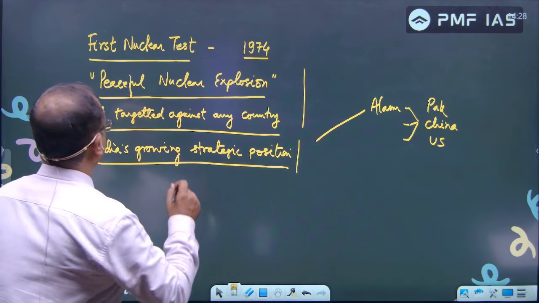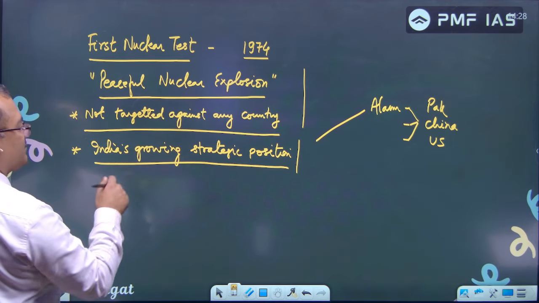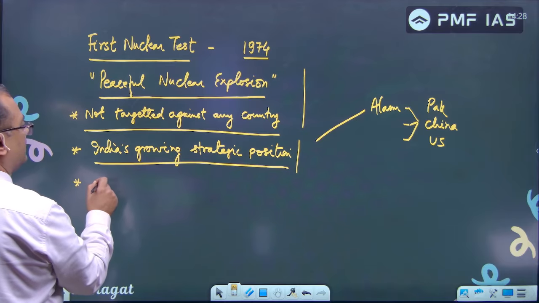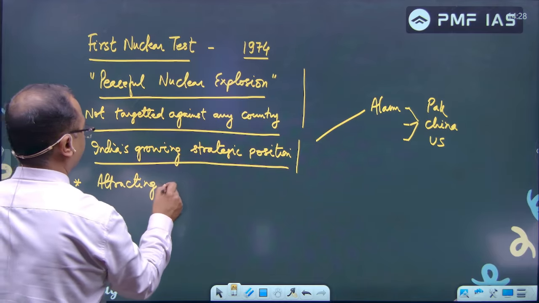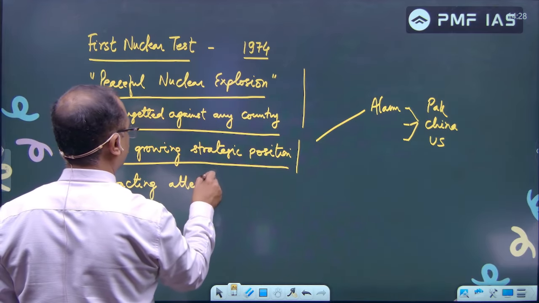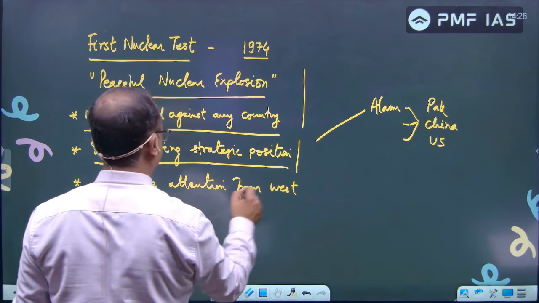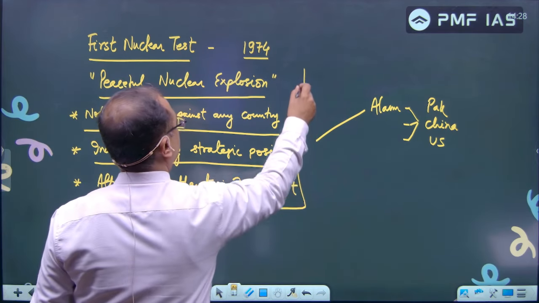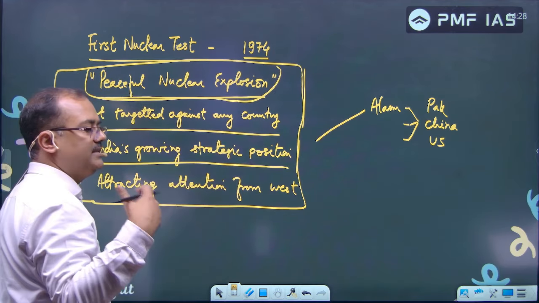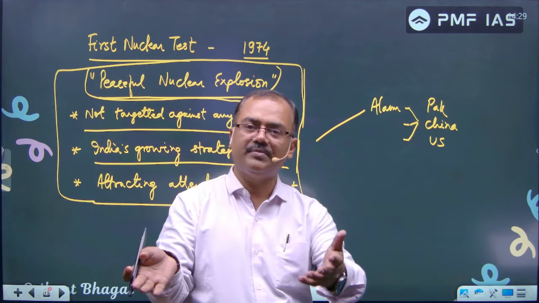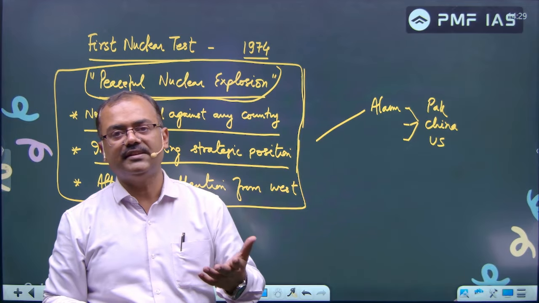So here, India's growing strategic position with this nuclear explosion was attracting attention from the West. In this context, India's image rose. Even if the West was seeing India from a negative point of view, that was also India's gain, that the West is giving more attention to India.